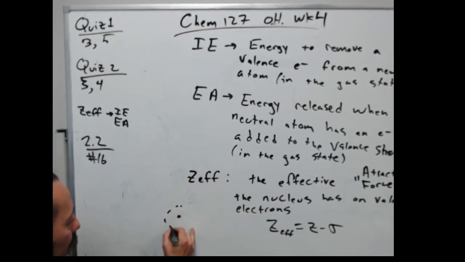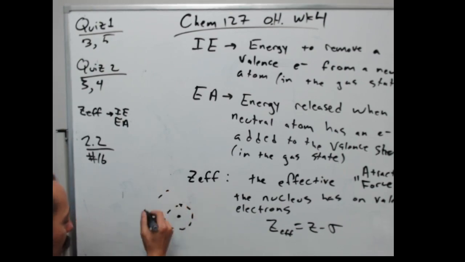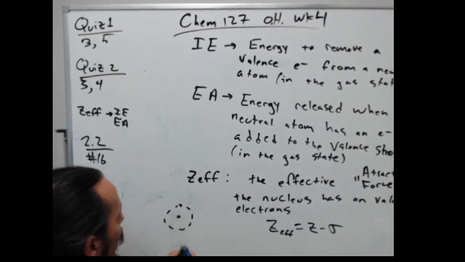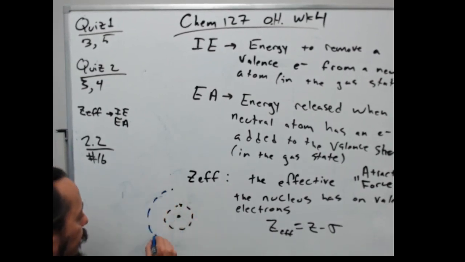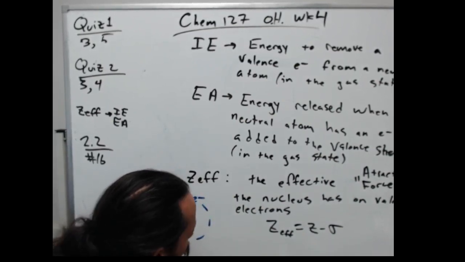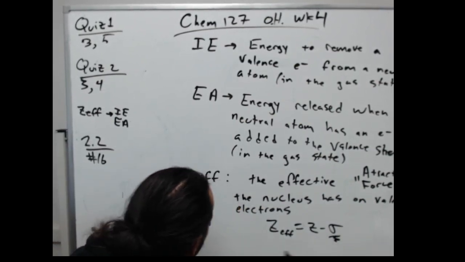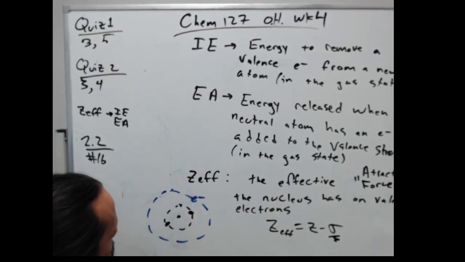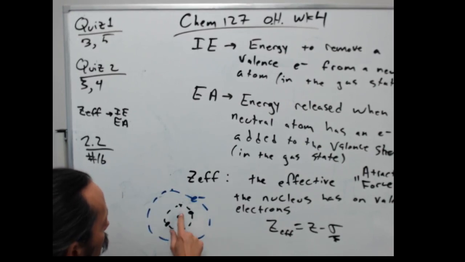Here's my nucleus, here's my inner, here's my outer. I'm going to change the colors to make it more dramatic. Here's my outer shell. There's an electron here, and so my shielding is going to be due to the core electrons here, and then the nucleus has some charge associated with it.